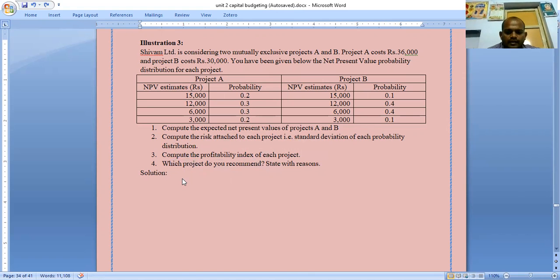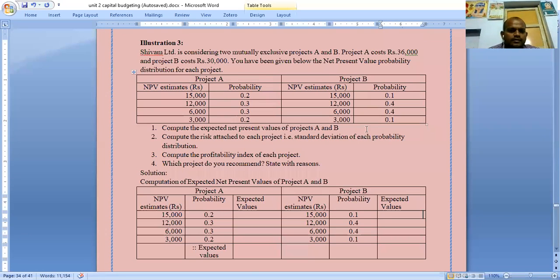Okay. So first of all, computation of expected net present values of project A and project B. So I am taking the values of the above table, NPV estimates and probability.